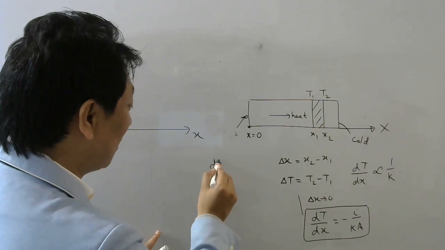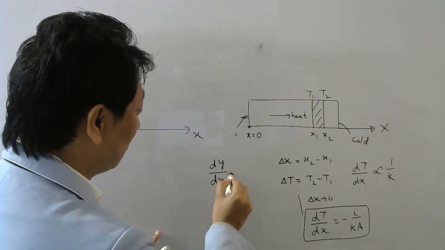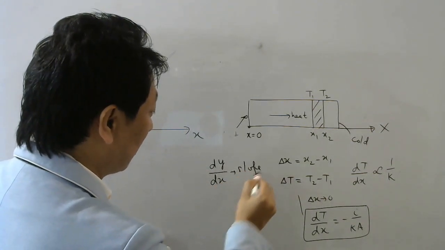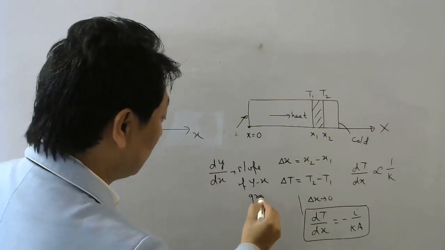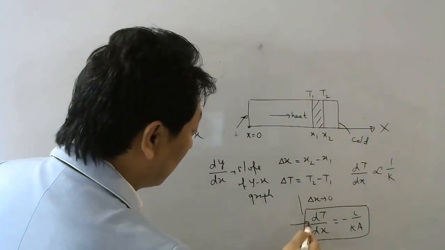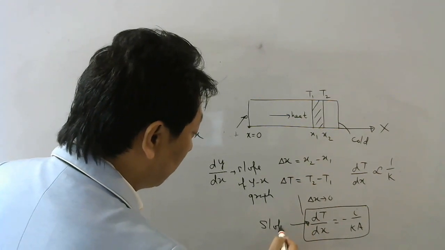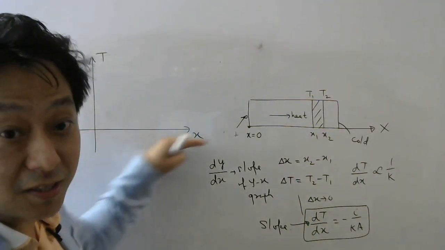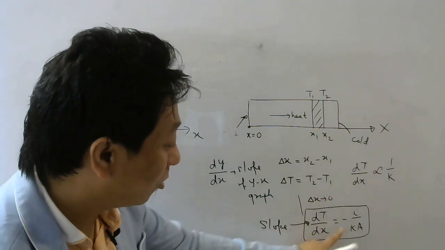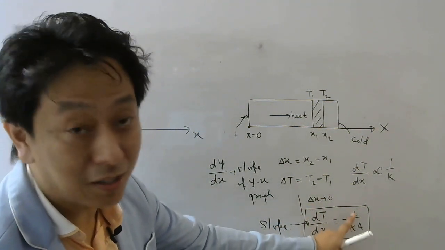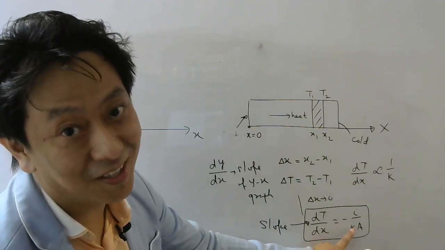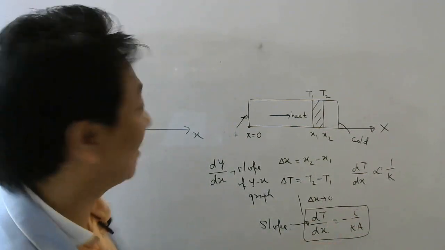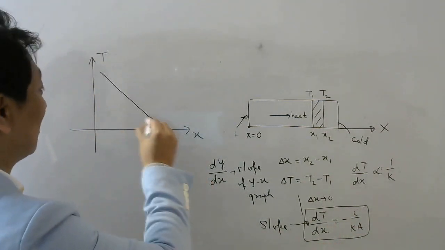And we all remember dy by dx represents slope of yx graph, isn't it? So similarly, dT by dx represents slope of temperature versus distance graph. And since the slope is negative constant, because rate of flow of heat is constant, thermal conductivity is constant, area of cross section is constant, the graph will look like this.